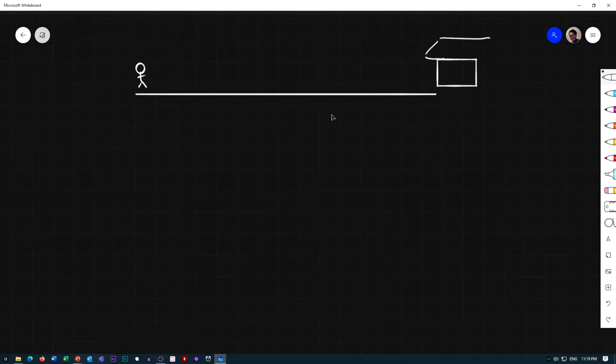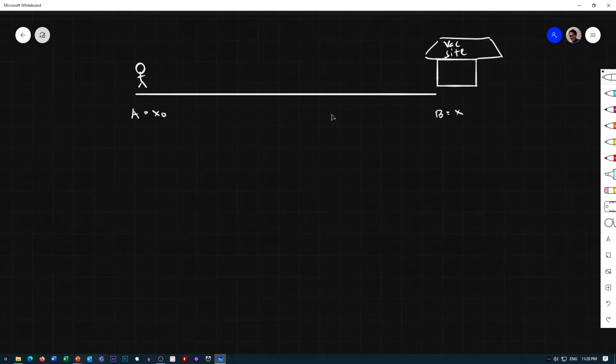Let's just have a trapezoid instead. Starting from this point, let's say point A, to point B, you covered a certain distance. We're going to call the starting point x sub 0, and then the final point where you will be, x.